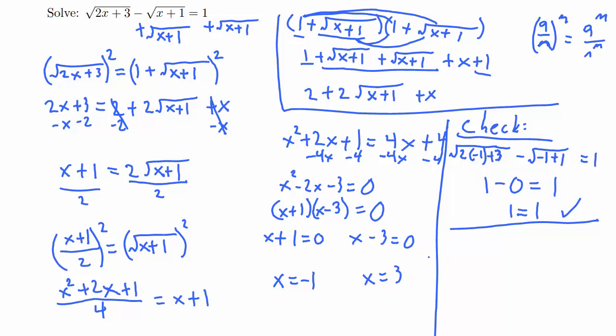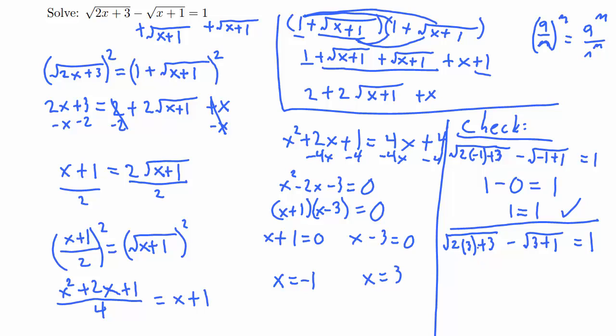Next, let's check 3. So we have the square root of 2 times 3 plus 3 minus the square root of 3 plus 1, and again we're hoping it's 1. What's 2 times 3?